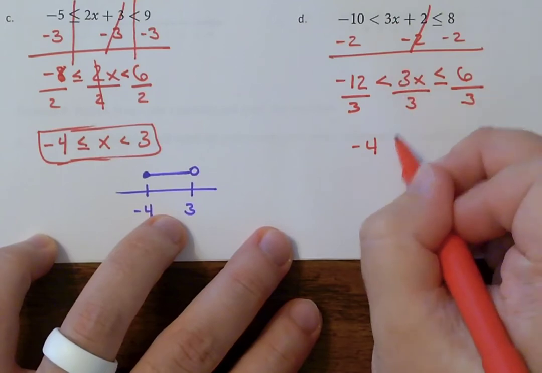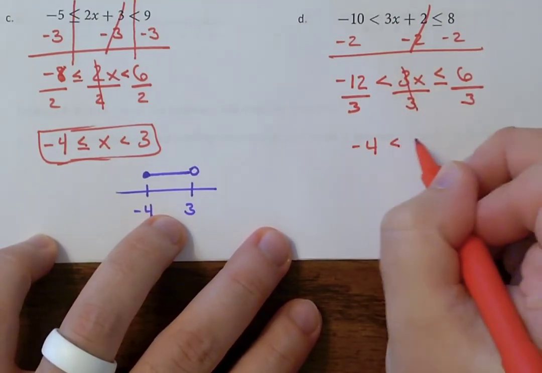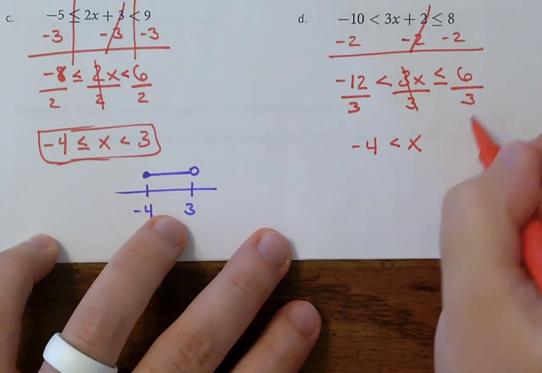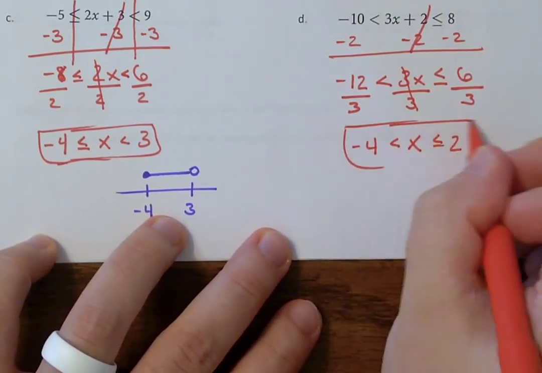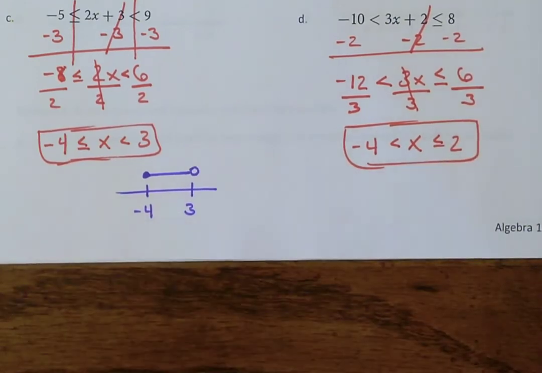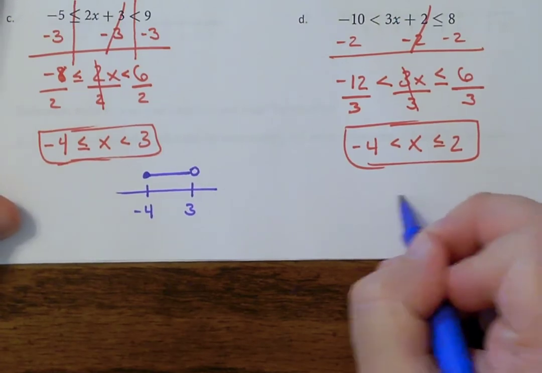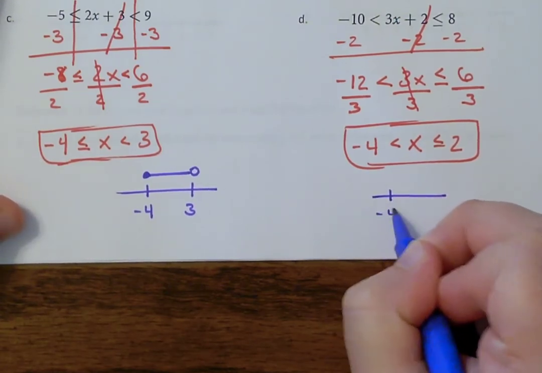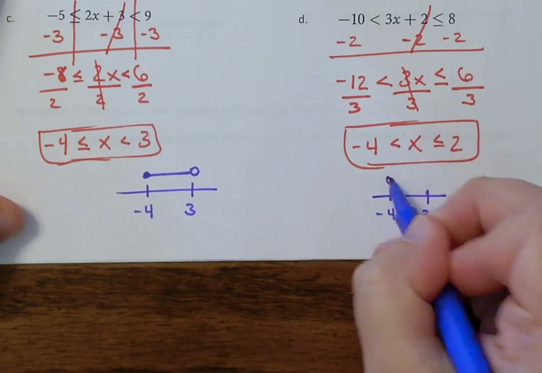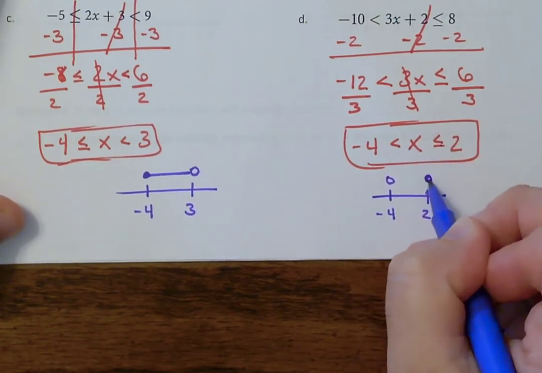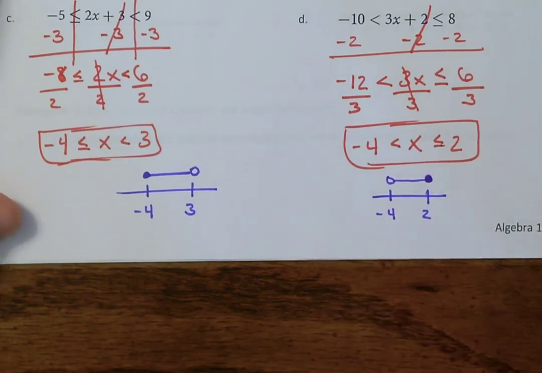The 3's cancel out, so we get x. 6 divided by 3 is going to give me 2. So we get -4 is less than x and less than or equal to 2. And my graph, again, my endpoints are at -4 and 2. Open dot, closed dot, and then connect.